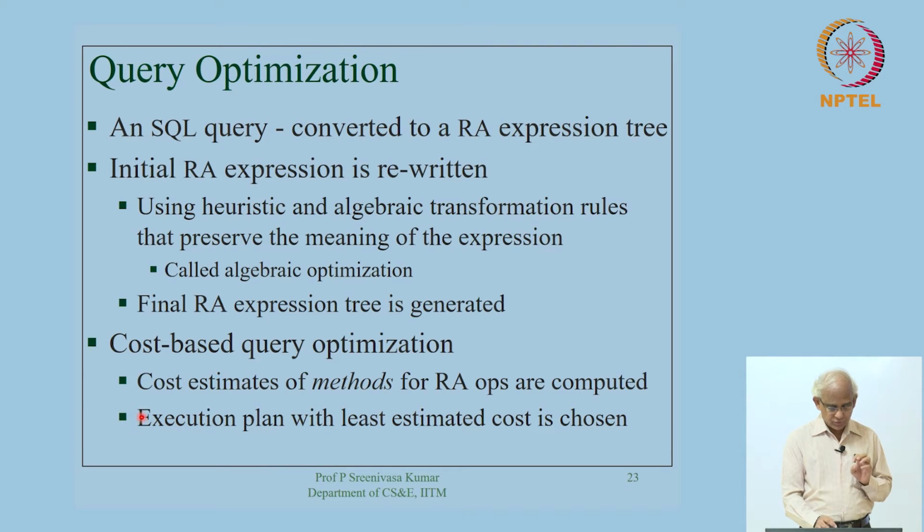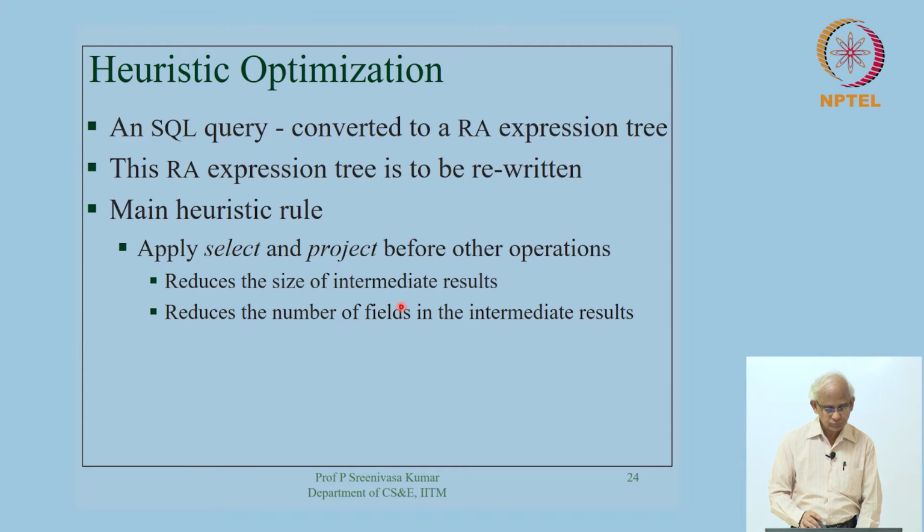And then you generate what is called an execution plan, where you fix what method is being used for what operator, and then go ahead and execute the query. So, I will illustrate the algebraic optimization with an elaborate example. So, we will see that.